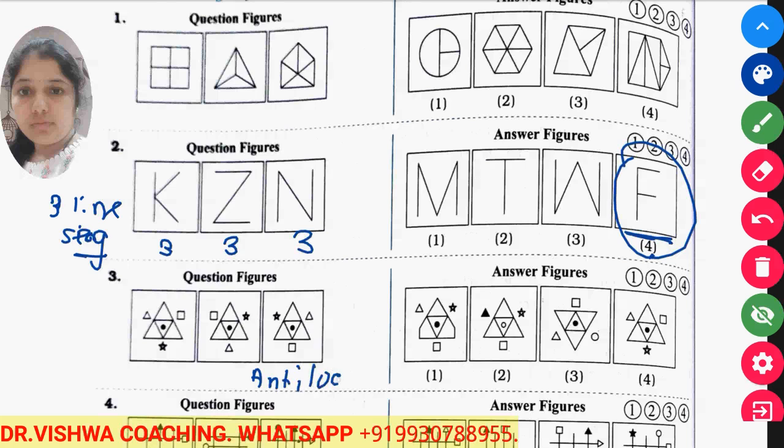Back in the sense they are rotating anti-clockwise. We use the terms anti-clockwise and clockwise. So here the outer small figures are moving anti-clockwise. So now after the third figure, if they move anti-clockwise, which option will be correct? So option number 4 will be the correct option, which was there in figure 1.